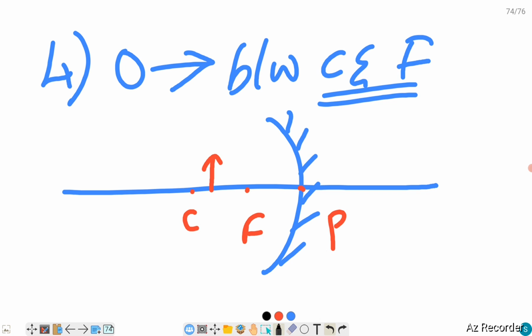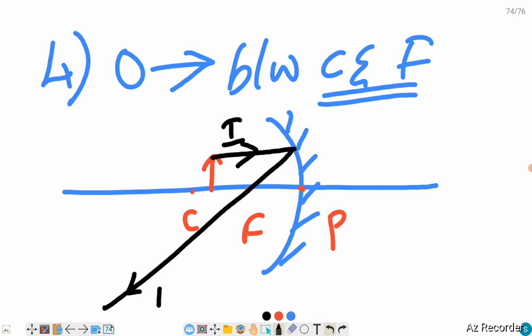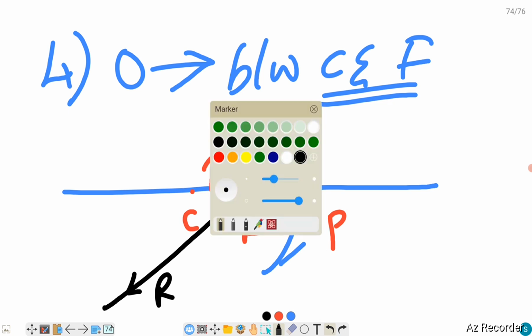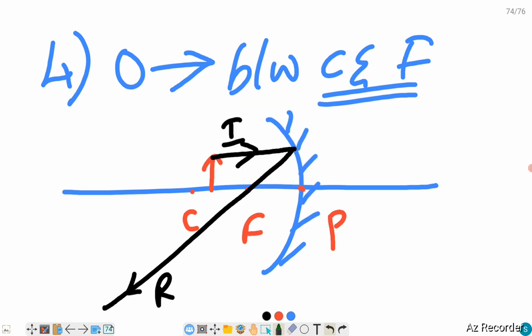The first ray is a ray parallel to the principal axis and it passes through focus, I and R. Then let me take another color for the second ray. Now in front of the object, what is the point we have? Focus.